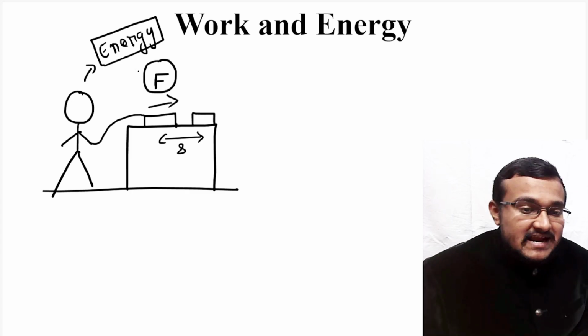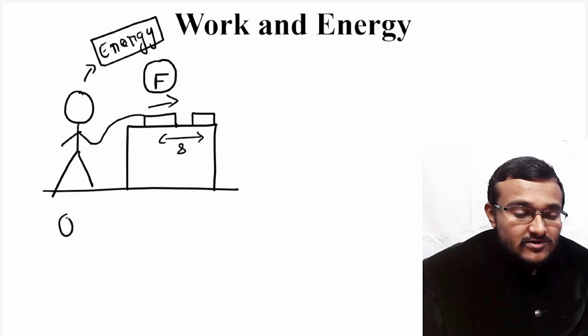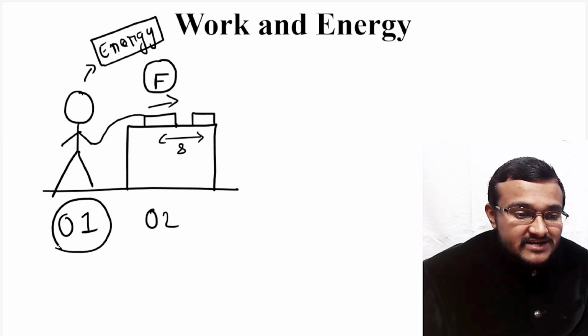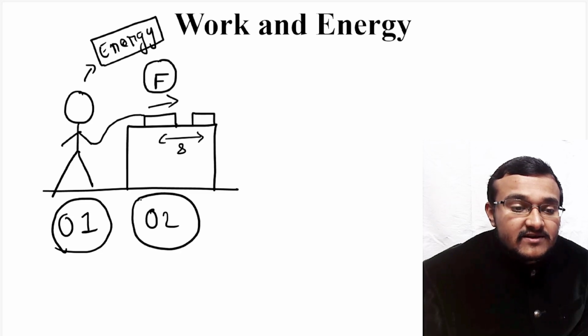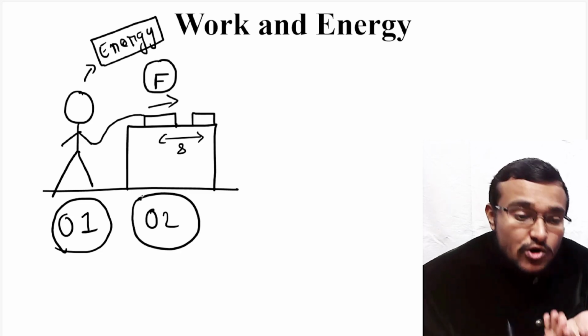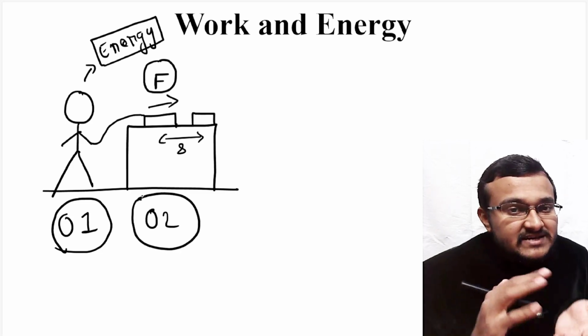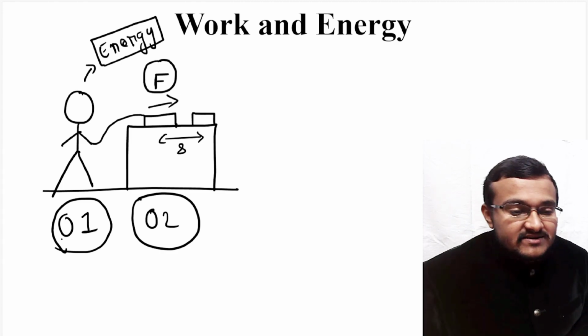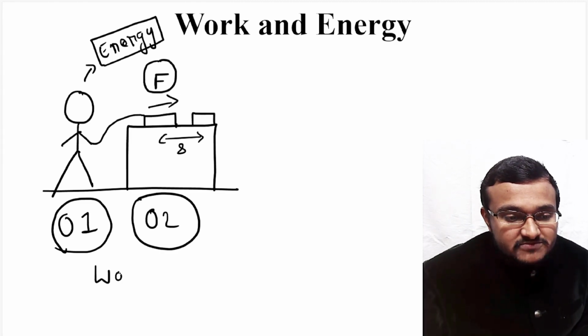So here you are object 1 and let's call this book object 2. Object 1 is putting a certain amount of force on object 2 in order to displace it. That means object 1 is doing work on object 2.